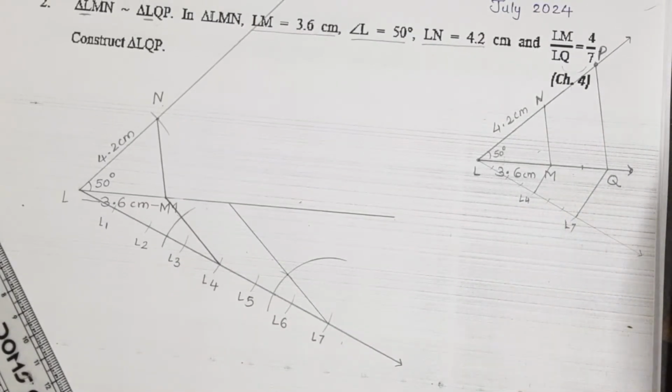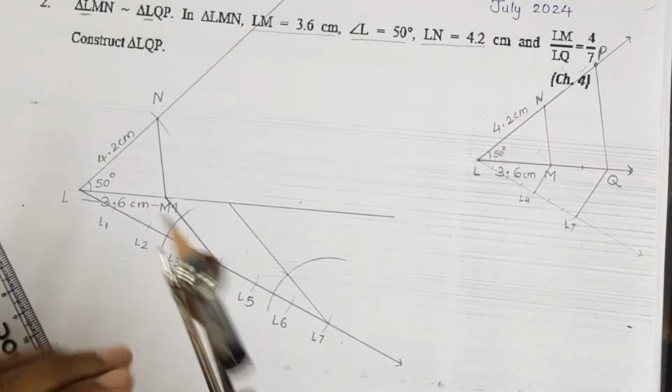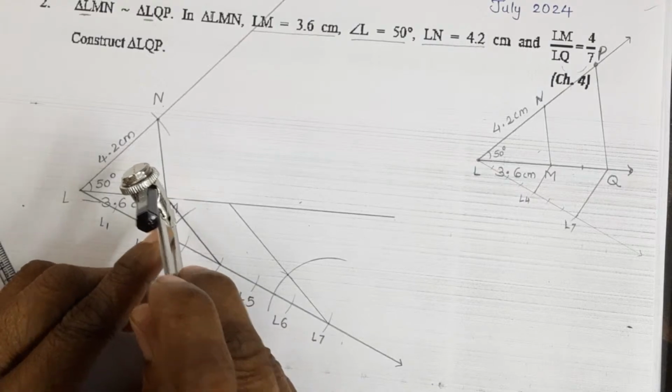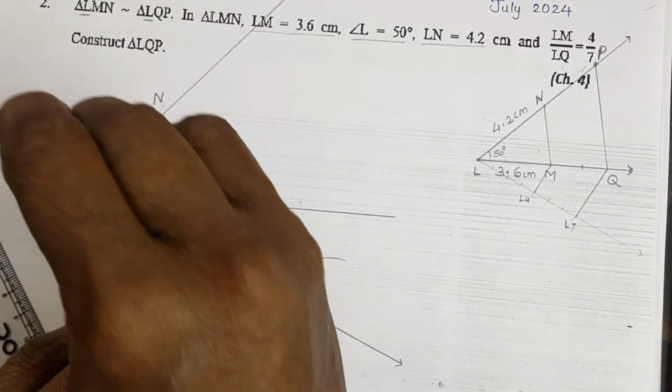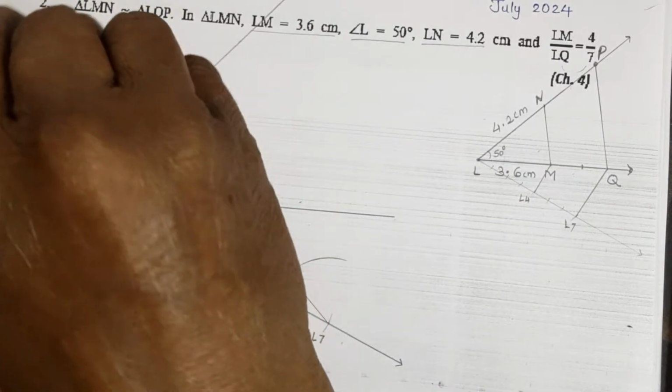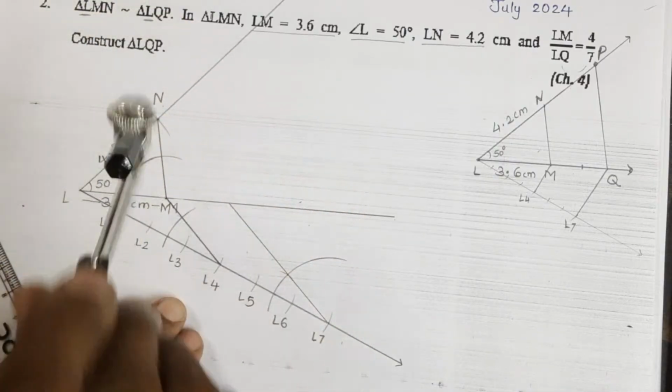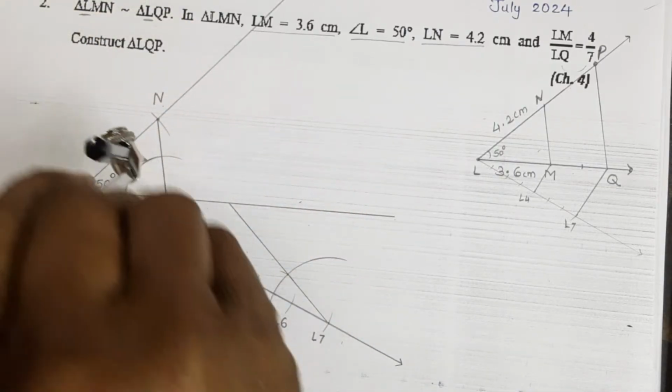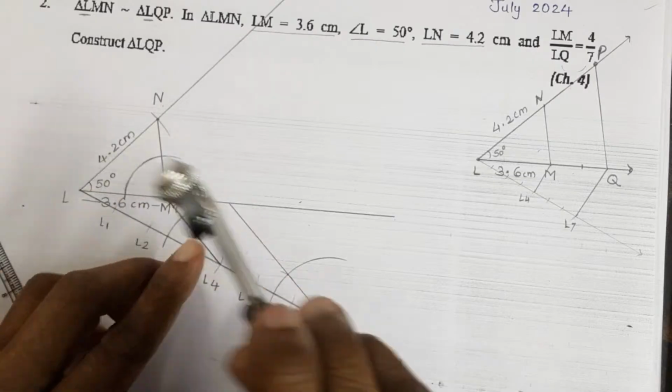Then the next process, students, take the specific distance in the compass and keep the compass on M and make the arc here, and make the arc here. Correct.